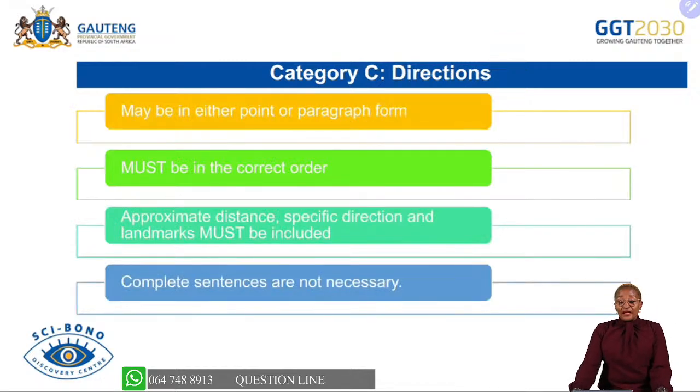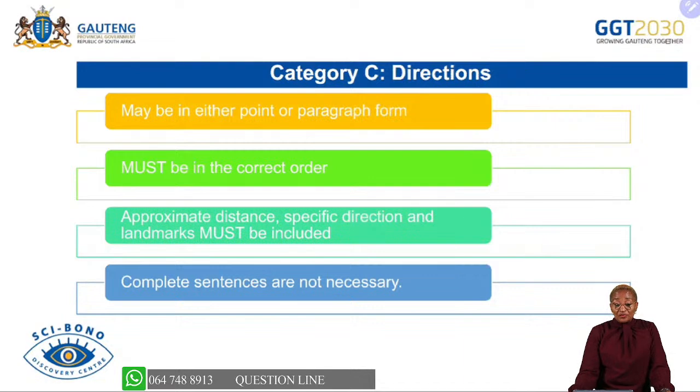Yes, let us quickly have a look at the summary then of our guidelines in this regard. The first one, it may be in either point form or paragraph form. Your directions may take any form, point form or paragraph form. Must be in the correct order.